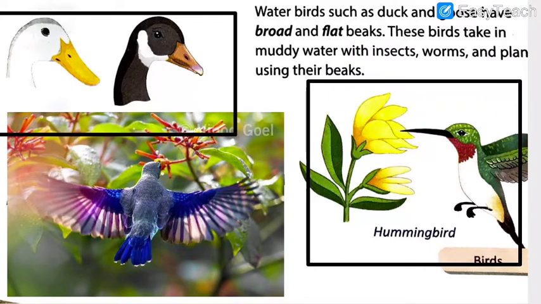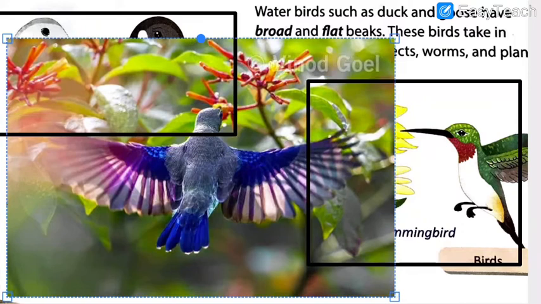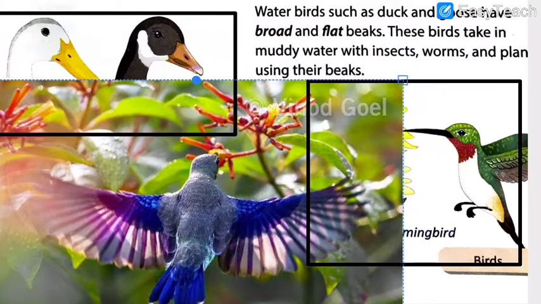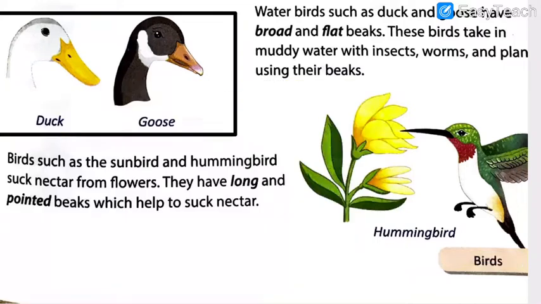And you can see how beautifully it sucks the nectar. It can stay in the air, it can fly in the air, and at the same time it can suck the nectar from the flower. Now I hope by looking at the picture you have got the idea.